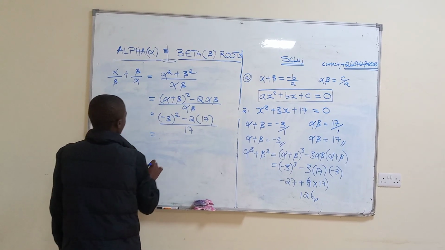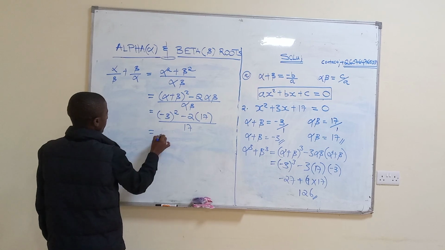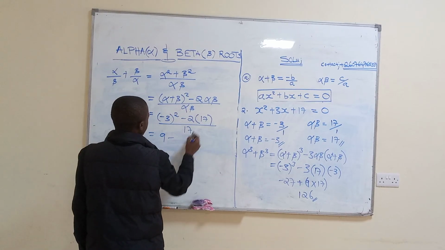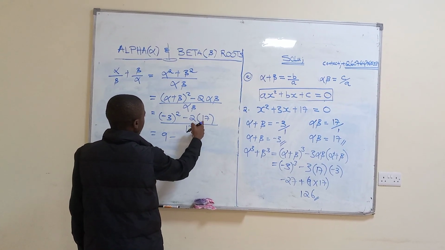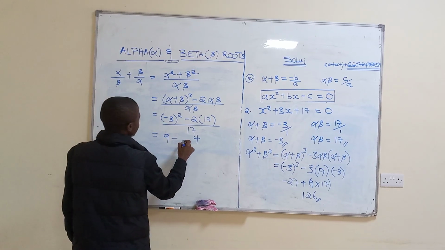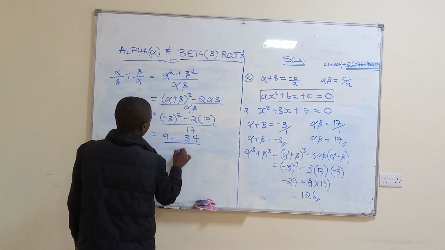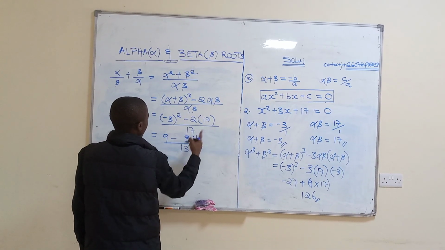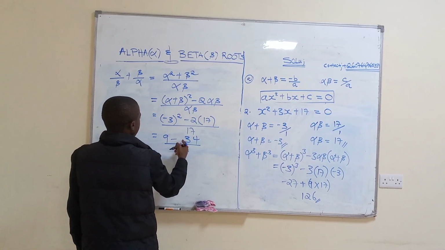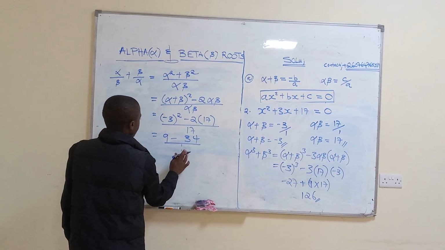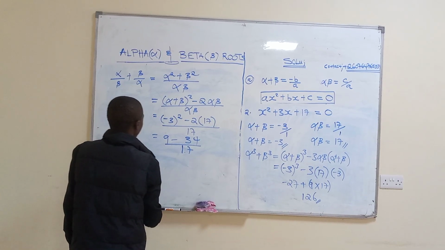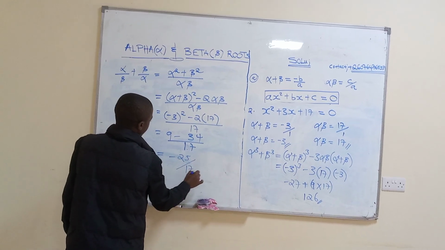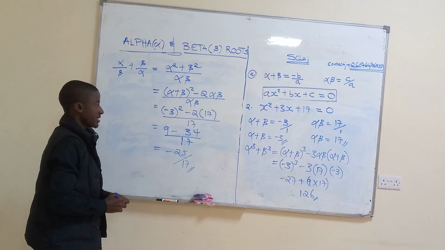You simplify, you're going to get 9 minus 34 over 17, which is negative 25 over 17.